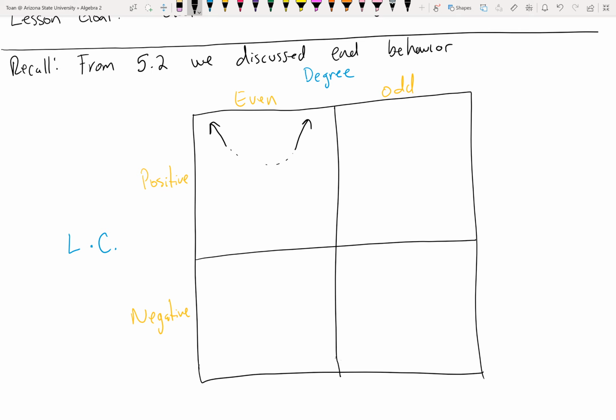If the degree is odd and the leading coefficient is positive, we know it's going to go down to the left and up to the right. Again, what happens in the middle, we have no idea. If the degree is even, leading coefficient negative, exact opposite. And then odd degree, negative leading coefficient, the exact opposite.